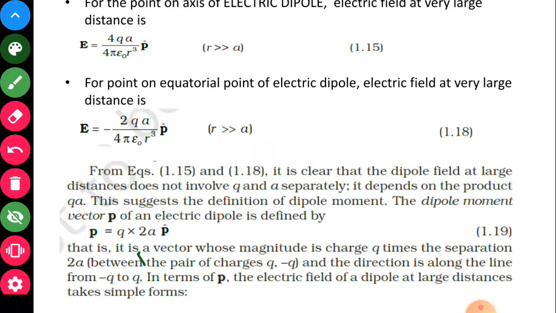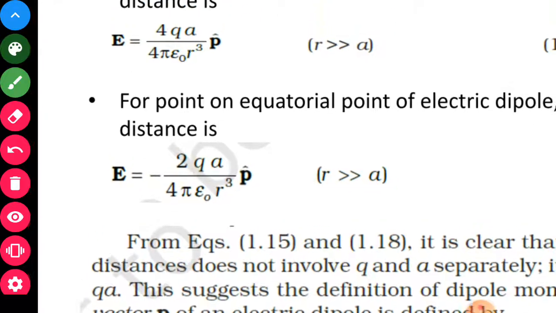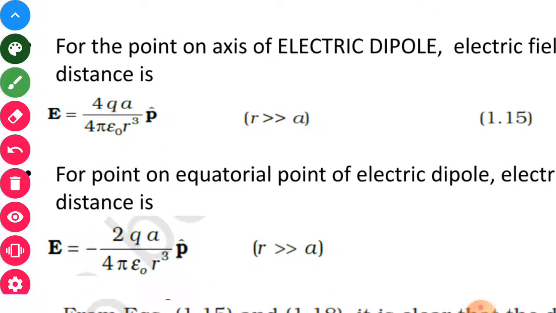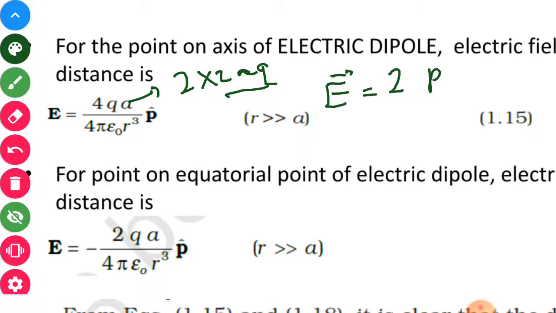So here, instead of 2a into q, if you want to write, instead of 4qa you can take 2 times qa separately. So for the electric field, we can write 2 into 2a into q, so 2a into q is the dipole moment P. So it becomes 2 times P upon 4 pi epsilon 0 r cube, P cap.